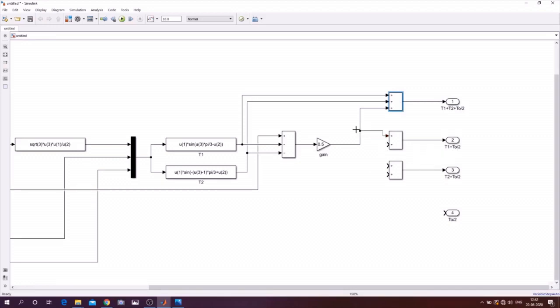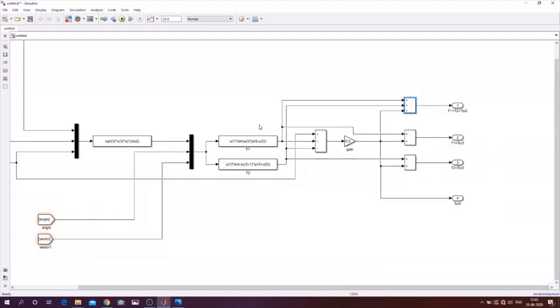So T1, where I will get this one T1 and this is T0 by 2. Here it is what? T2 plus T0 by 2. T2 plus T0 by 2. And this one is T0 by 2. So we will be getting T0 by 2.